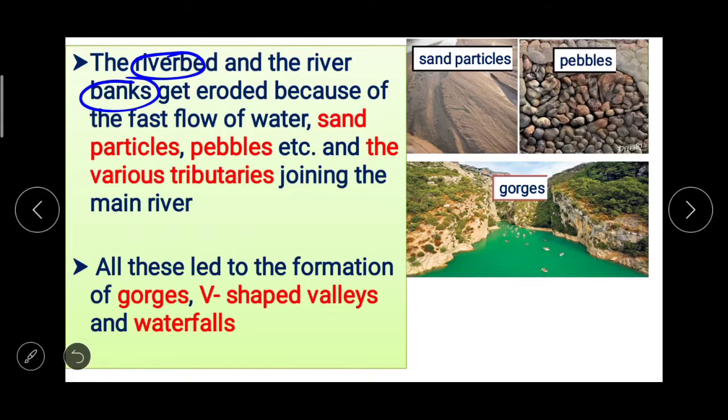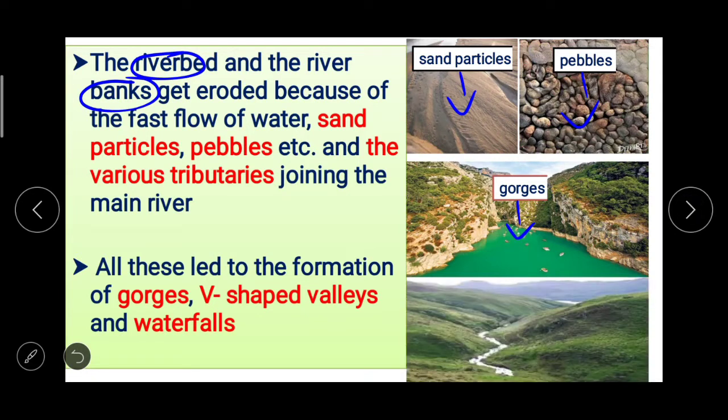All these lead to the formation of gorges, V-shaped valleys and waterfalls, as you can see on the screen. Sand particles, pebbles and here gorges. So, these are the erosional work of rivers, as you can see on the screen.